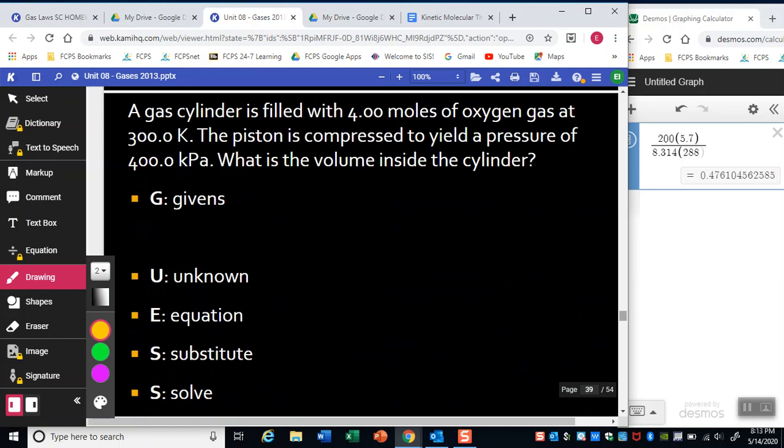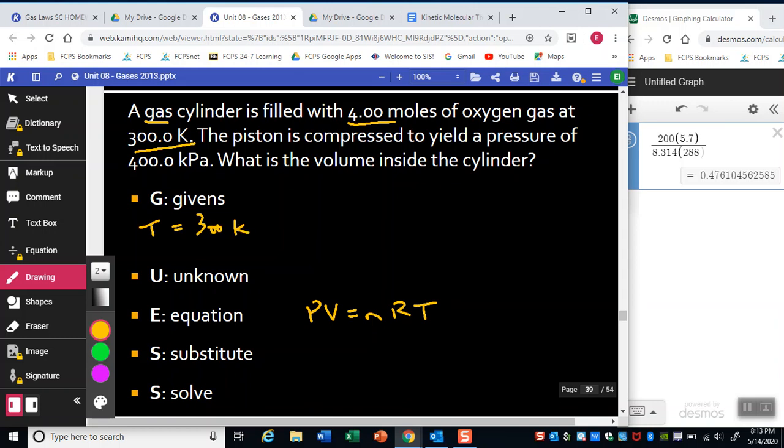Okay, so a gas cylinder, gas laws, boom. 4 moles. That tells me, boom, my equation. If I'm talking about gas laws and moles, I'm using this. And just to confirm, you always look at what you're given. I've got a temperature, and thank goodness it's already in kelvins.